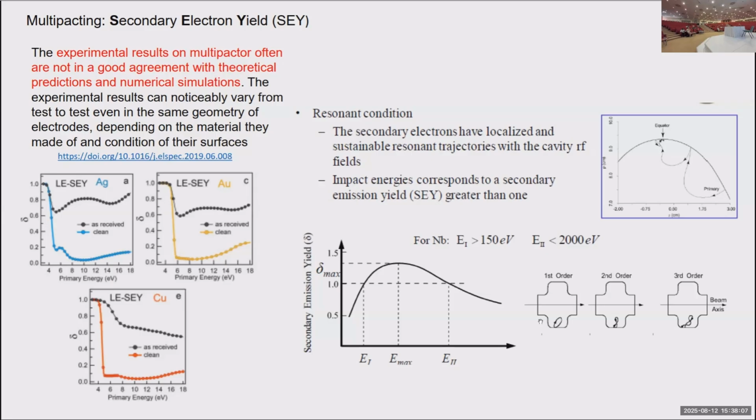Let's see that now. For this silver, if you clean it, optical cleaning, chemical cleaning, physical cleaning, not shown here, these are related to each other. Gold is also, but copper is a little bit different. And such experimental structure also gives some secondary electron emission here.